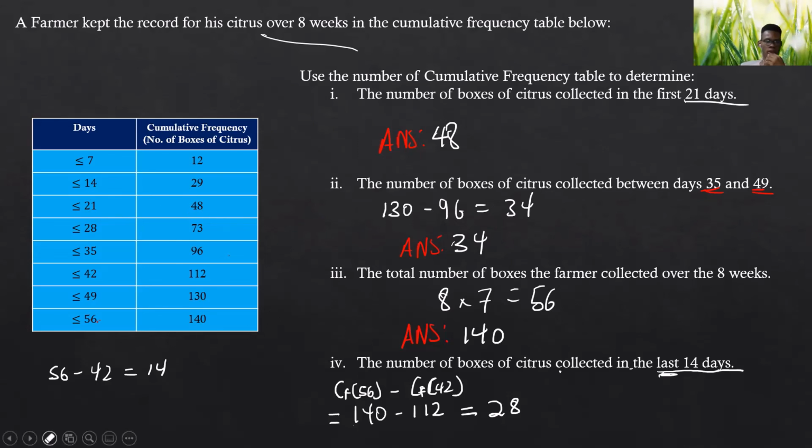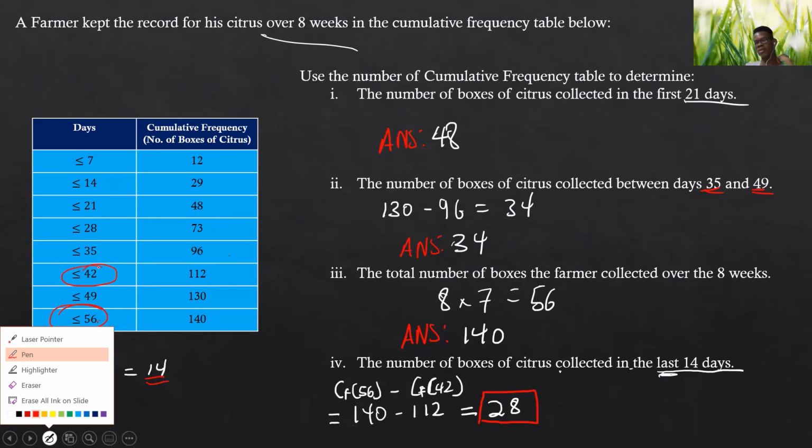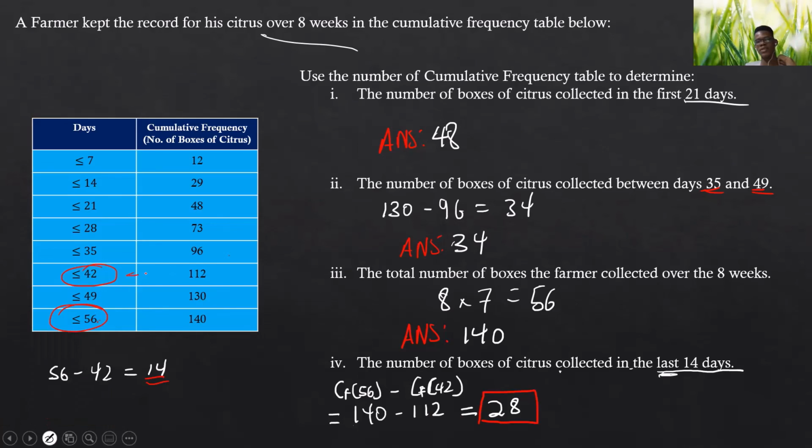The last question is a bit tricky and just required you to figure out that the last 14 days is referring to between 42 and 56, because those days refer to the last 14 days. It just requires some reasoning to figure that out, and then it's the simple calculation like we were doing before. Just subtract the cumulative frequency for 42 from the one for 56. The difference.